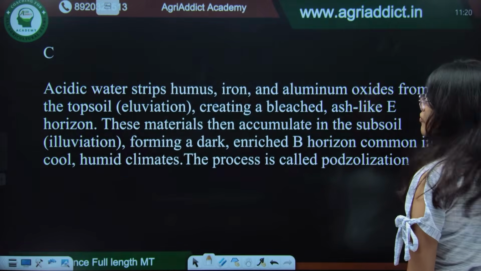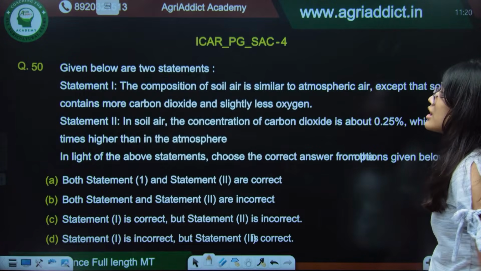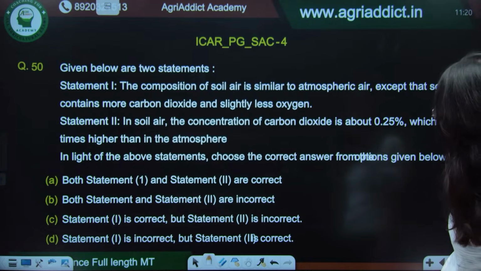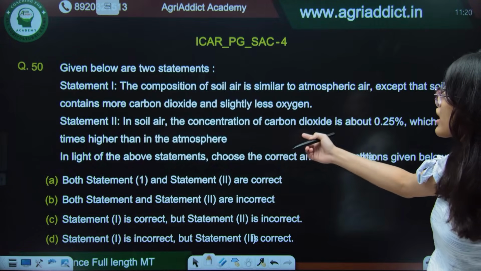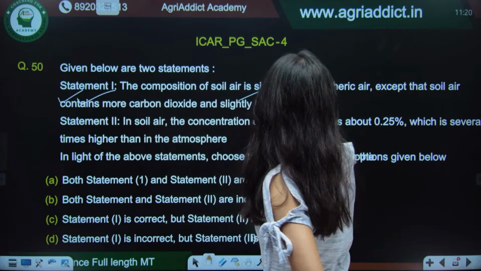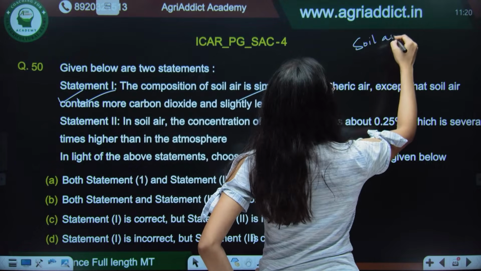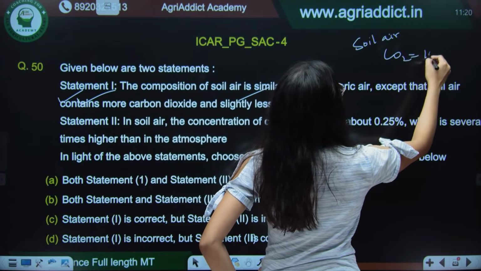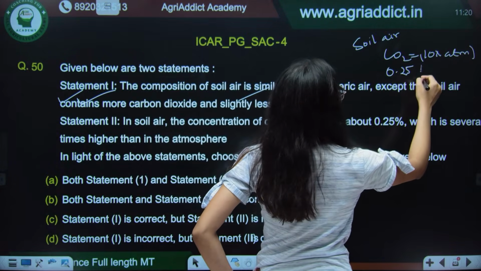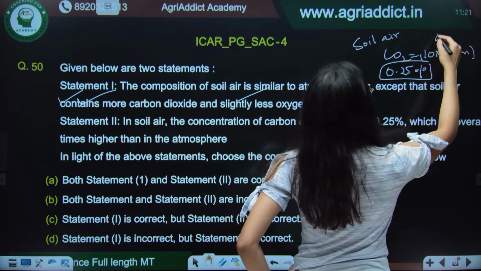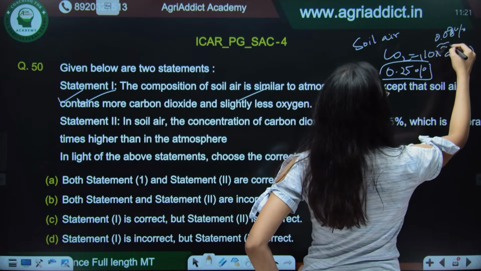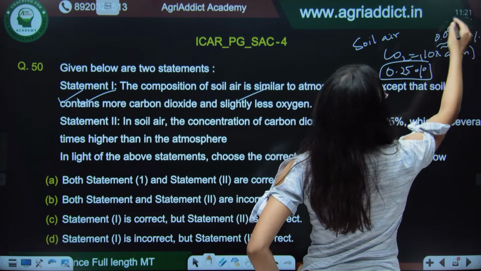Next, the composition of soil air is similar to atmospheric air, except that it contains more carbon dioxide and less oxygen. Obviously this is a correct statement, because in soil air the carbon dioxide concentration is approximately 10 times that of the atmosphere. It is approximately 0.25%, and in our atmosphere it is 0.03%, and nowadays 0.04% due to global warming.